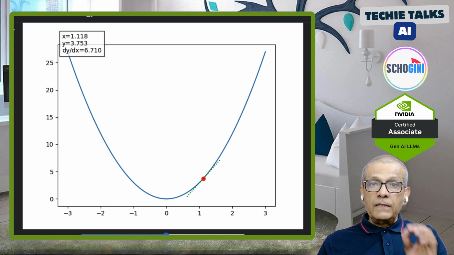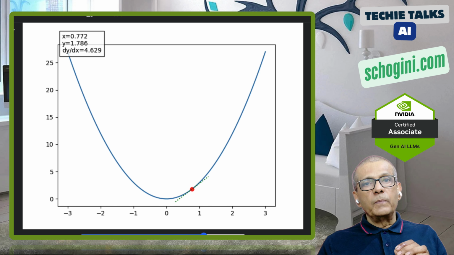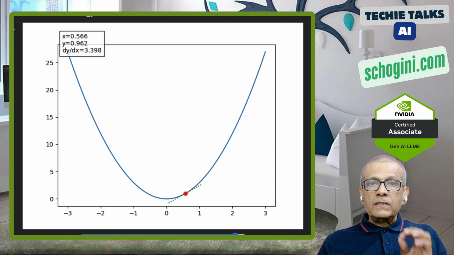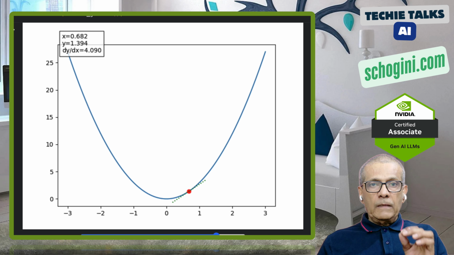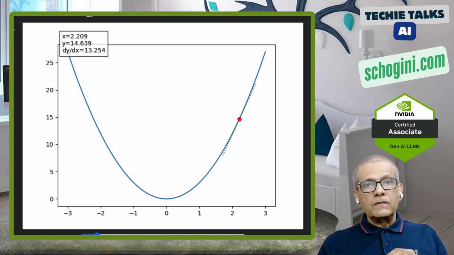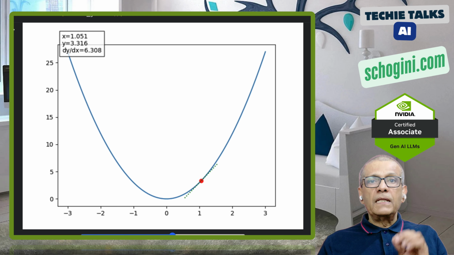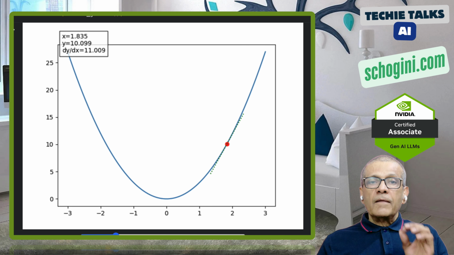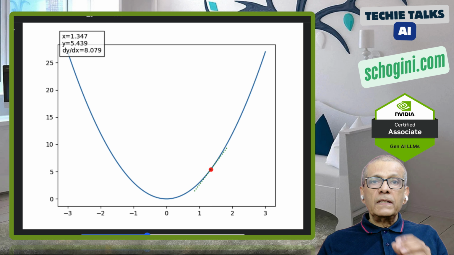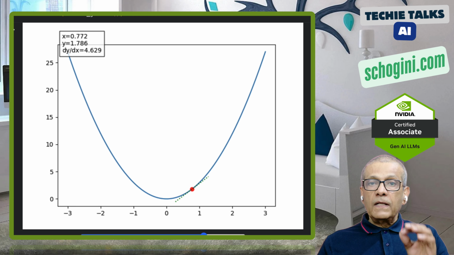The derivative dy by dx tells us the slope of the error with respect to one parameter. Which direction the error increases, which direction the error decreases, and how steep the change is. When the derivative approaches zero, it means we are reaching a point where the error can no longer decrease. This is called a minimum.